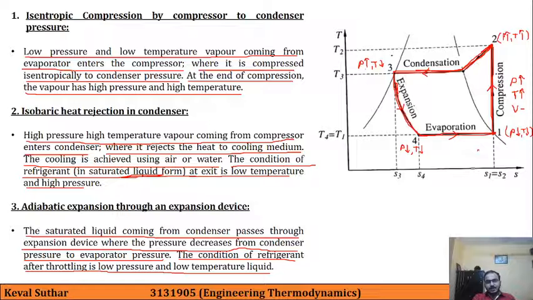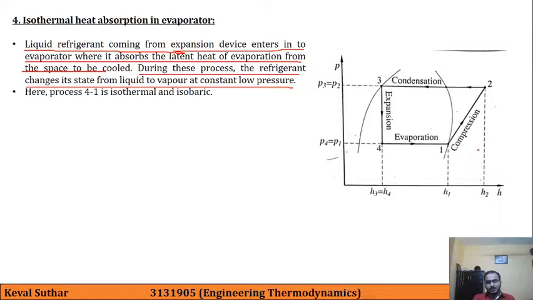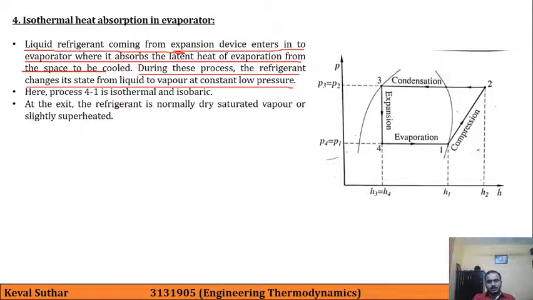And the same TS diagram is now shown in the pH chart. Here process 4 to 1 will be isothermal as well as isobaric, and at the exit the refrigerant is normally dry saturated vapor or slightly superheated.